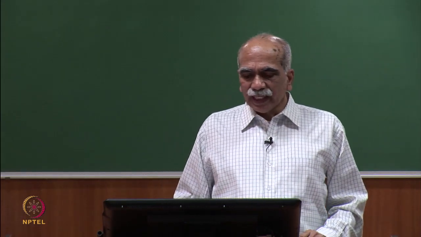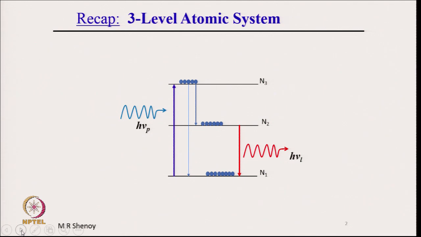So, a very quick recap of what the 3-level atomic system is. Basically, the 3 levels which participate in the interaction are the ground state and 2 excited states, or upper levels.